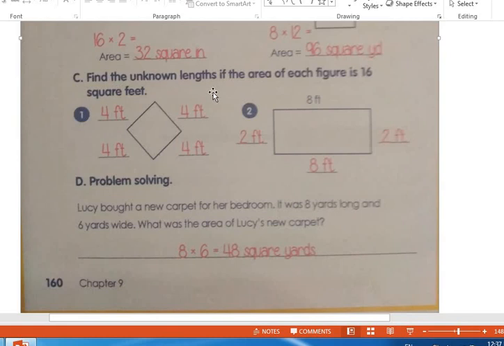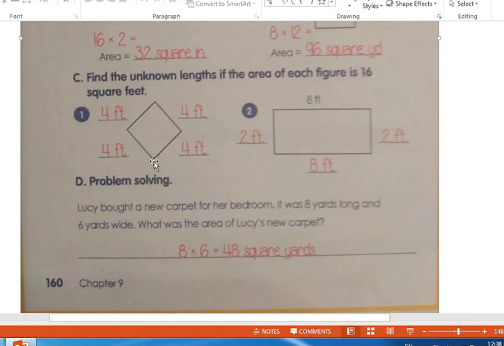Find the unknown length in the area of each, if the area of each figure is 16. Okay, here 16 equals, in the square, the area. The area of the square here equals side times side.